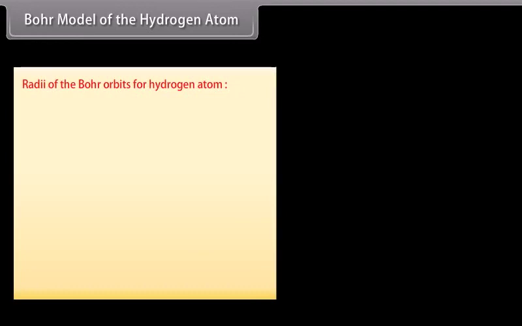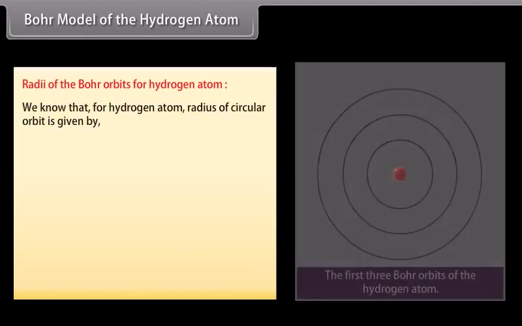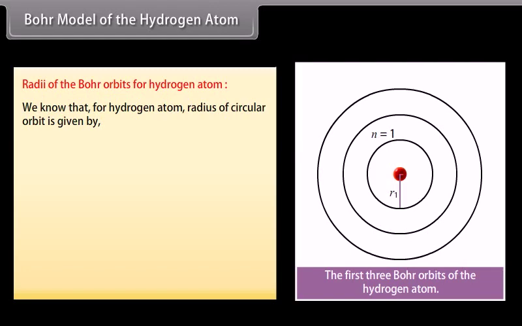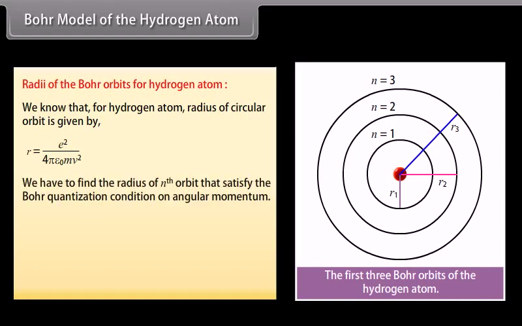Radii of the Bohr orbits of the hydrogen atom. We know that for a hydrogen atom, the radius of the circular orbit is given by e square upon 4 pi epsilon naught m v square. We have to find the radius of the nth orbit that satisfies the Bohr quantization condition on angular momentum.